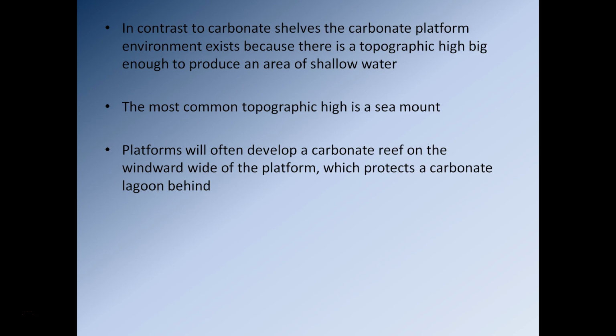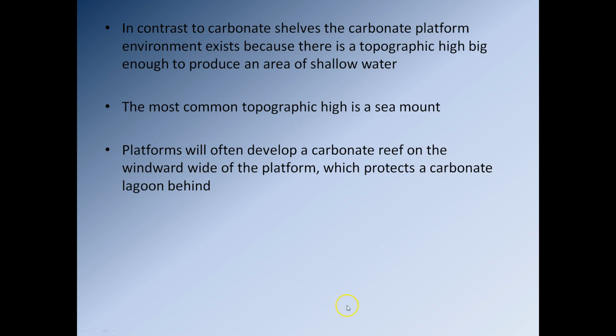So as long as this topographic high produces an area of seafloor that's between 0 and 200 meters, and it's in an area that has nice warm clear water, typically between 30 degrees north and south of the equator, you have the possibility of forming reefs.